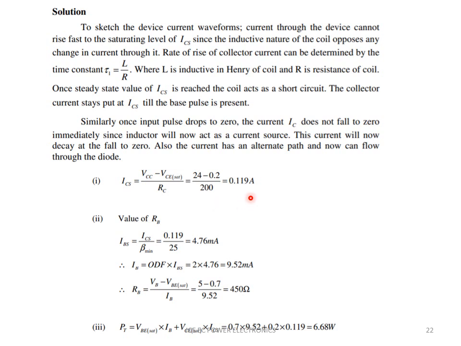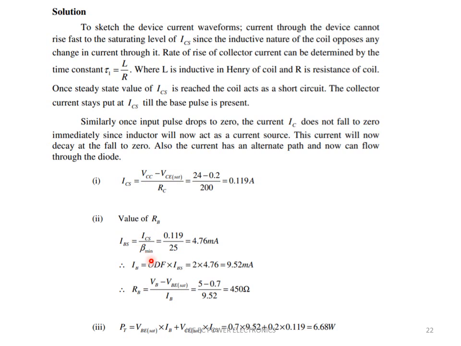It is 0.119 amperes. And next the value of RB: you know RB is this formula, the value of 5 and VBE SAT is given. IB I don't know. I will try to get it from the overdrive factor. Overdrive factor is given as 2.